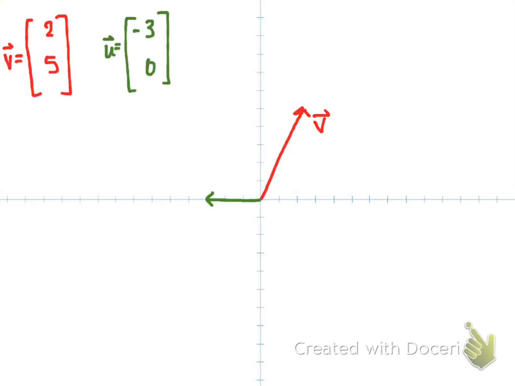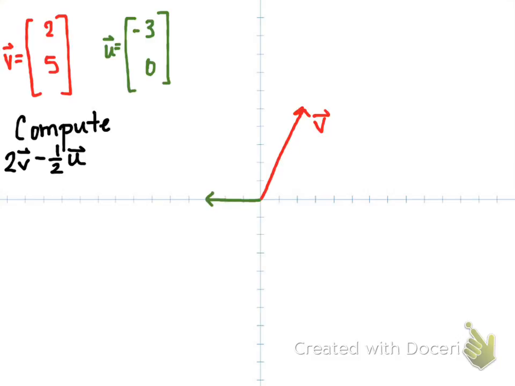So let's look at the same two vectors. And this time what I want to do is try to compute a linear combination of the vectors. Linear combinations of vectors are the exact same as linear combinations of matrices. It is a sum of scalar multiples of the vectors. Okay, I'm just going to add two scalar multiples of the vectors.